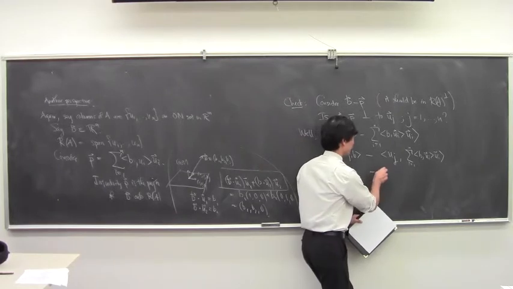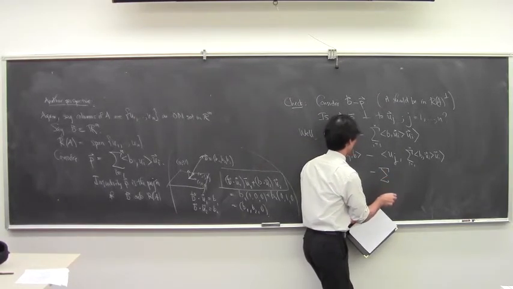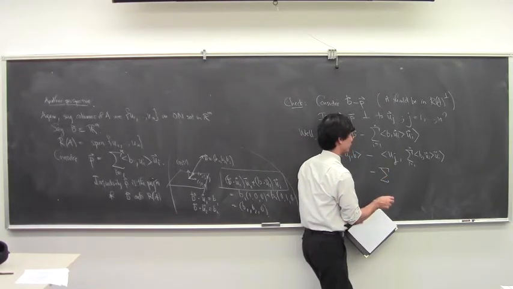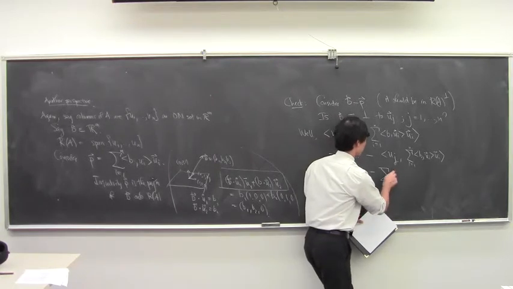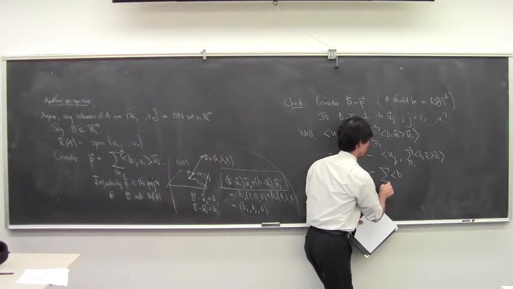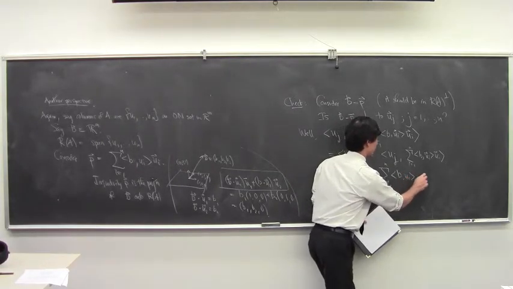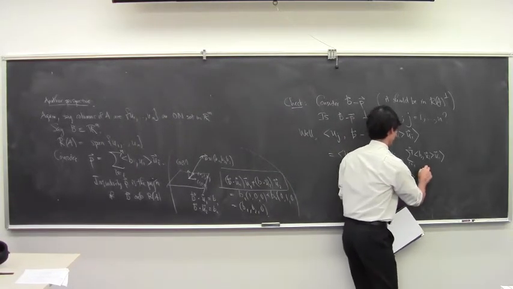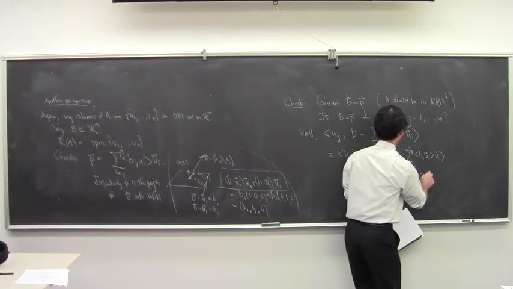So this is going to be minus the summation, I from 1 to n, of b comma ui, and then uj comma ui.